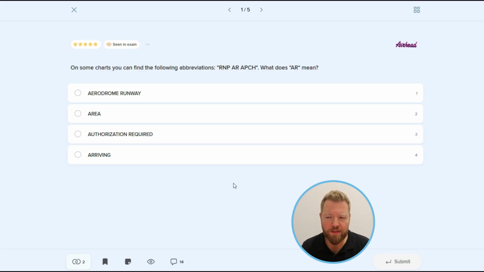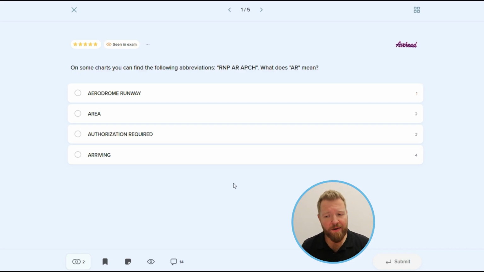The most significant difference between RNP approach and RNP AR approach is that the latter one includes a curving final approach segment, which requires more restrictive total system error. For example, the standard TSE in RNP approach in initial, intermediate, and mid approach segment is plus minus 1 nautical mile, and for final approach segment, less than plus minus 0.3 nautical miles.